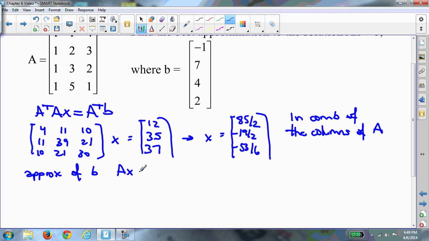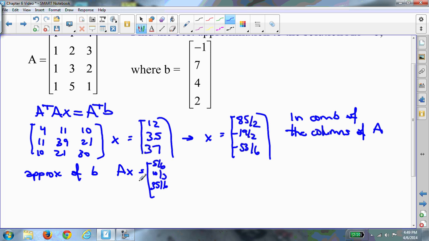So Ax equals 5, 6, 10 thirds, and 35 over 6.